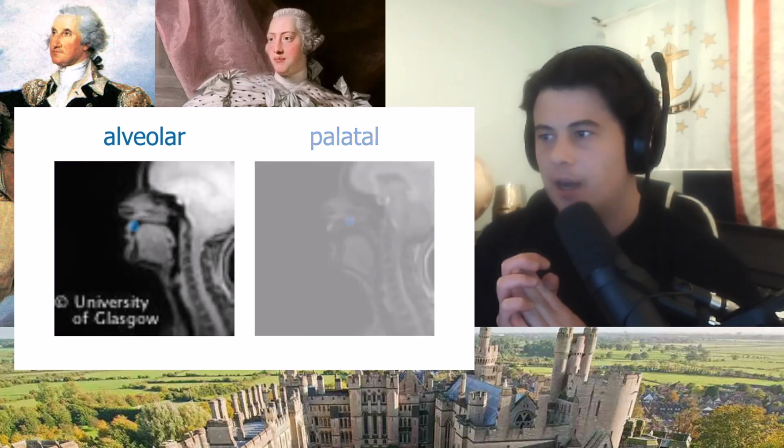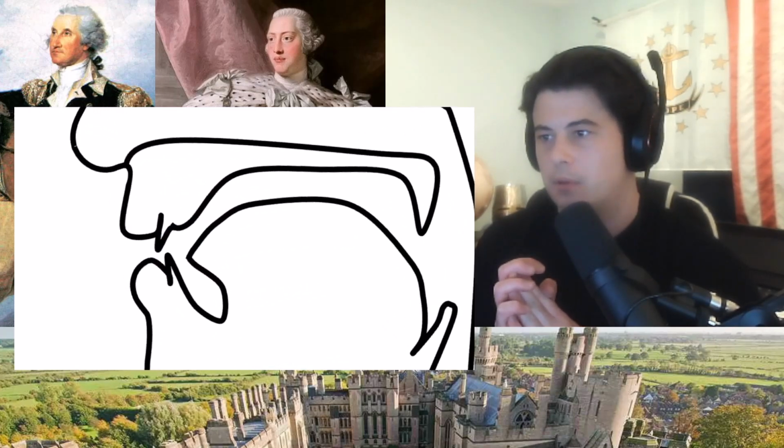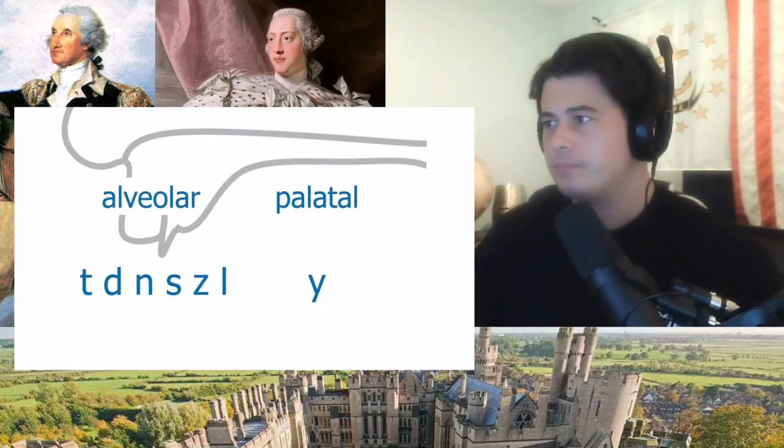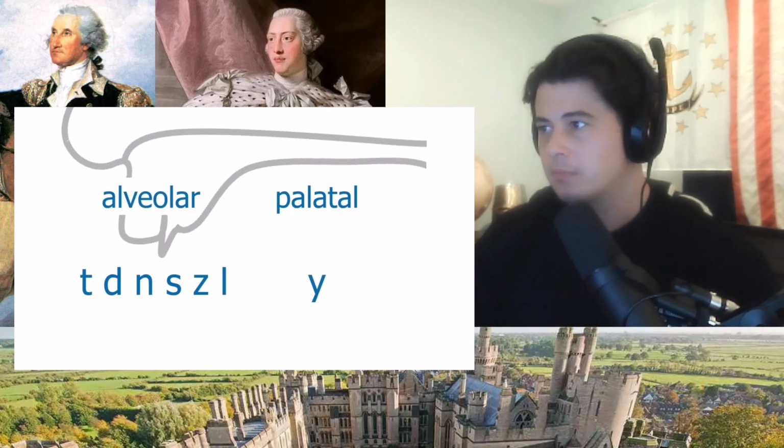And just as we saw in the last video, with alveolars followed by R, so we find that English has a habit of taking these alveolar plus Y sequences and simplifying them. In the rest of the video, we're going to look at the two main ways this simplifying happens in various accents of English. The first is simply to drop the Y sound.